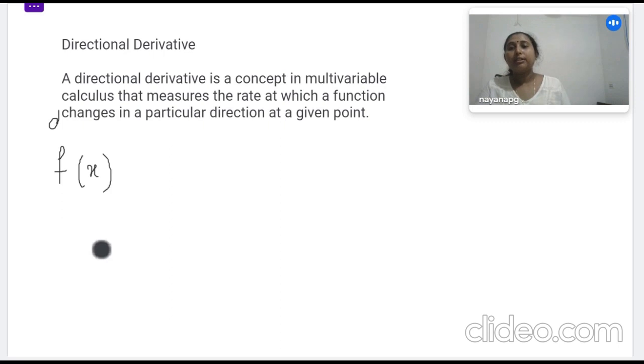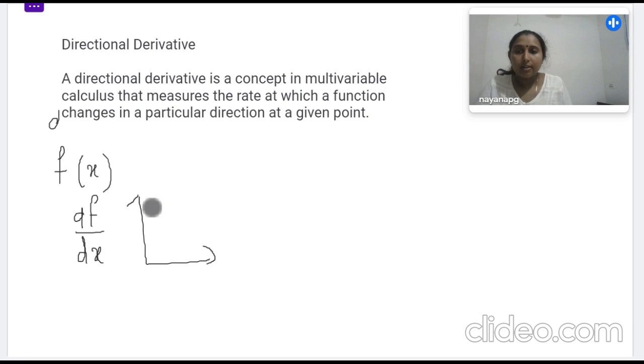To consider the ordinary differential of it, we take the differential of f with respect to the differential of x. What does it mean? Let this be the function f, then the change of the function f is denoted as df, and the change of the variable x as dx, and the ratio between these is the ordinary differential.